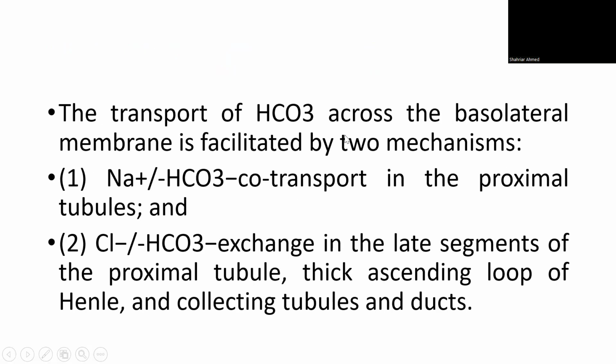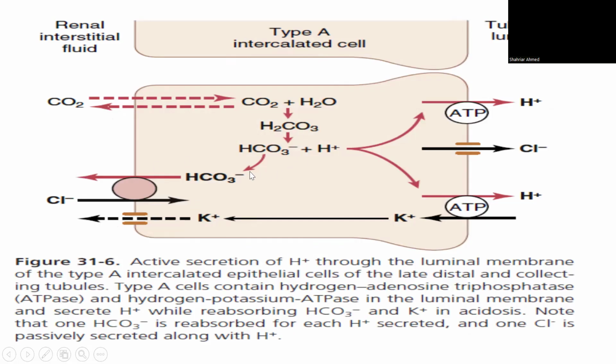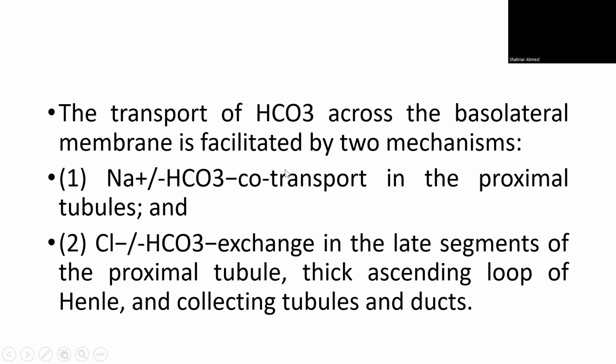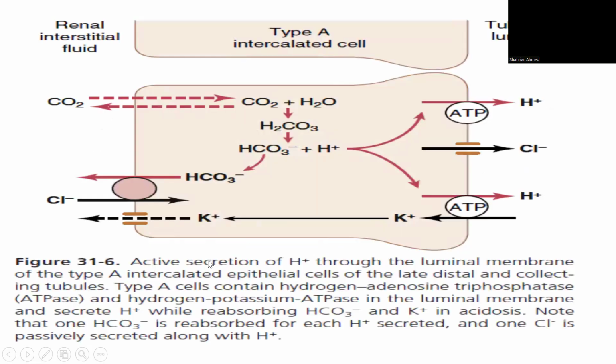The transport of bicarbonate ion across the basolateral membrane is facilitated by two mechanisms. That is, the bicarbonate ion that was produced from carbon dioxide will enter into the blood, at first into the interstitial space, by two transporters: sodium-bicarbonate cotransport and chloride-bicarbonate exchange.